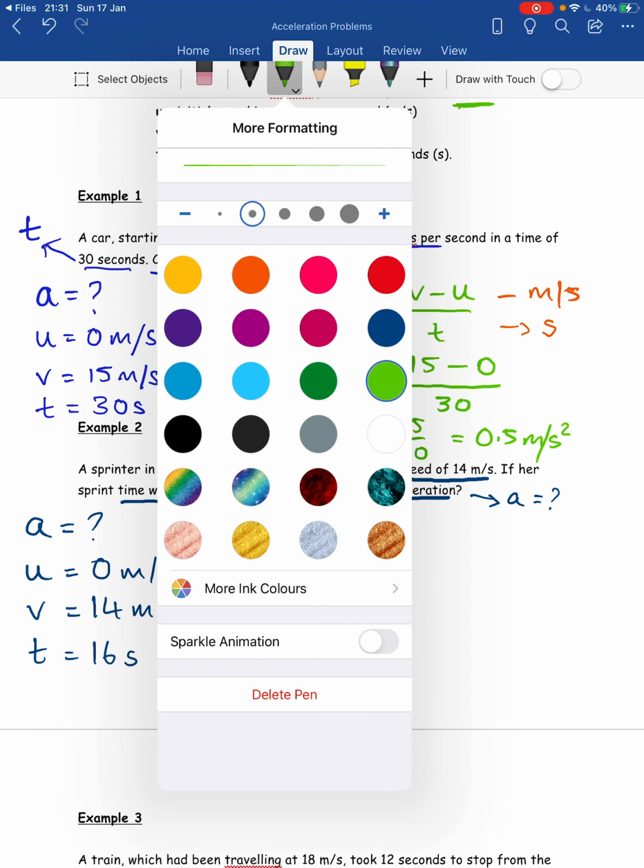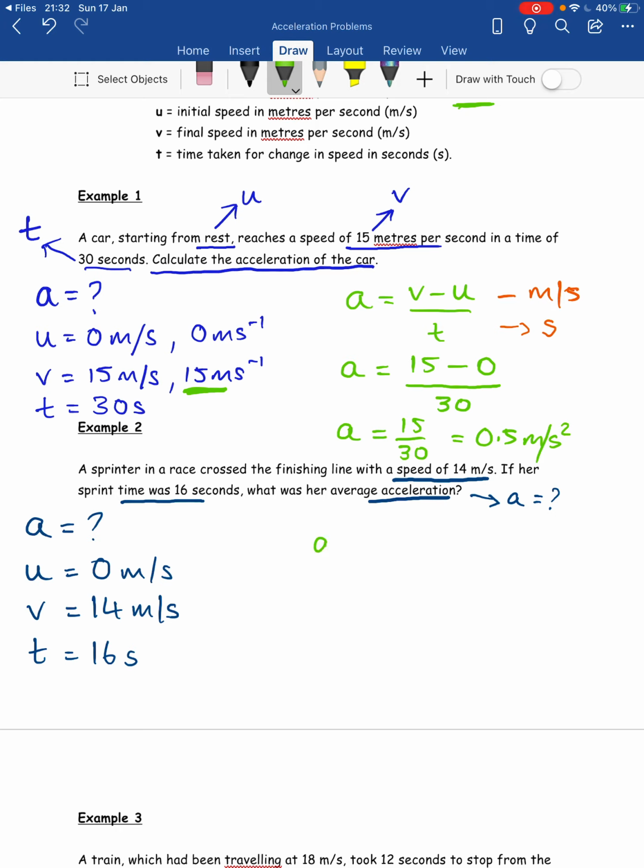Now that I've made my list, I'm going to write the equation again, same way as before. A equals V minus U over T. A is question mark again, so that stays as A. Final speed was 14, so that goes in first, minus the initial speed, which was 0.